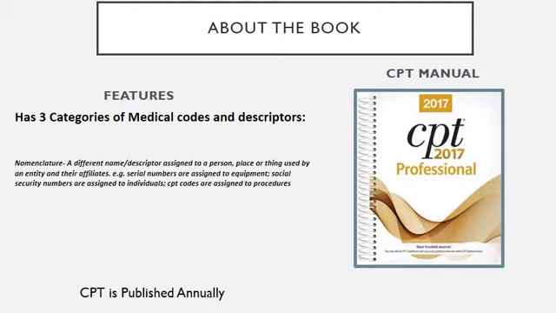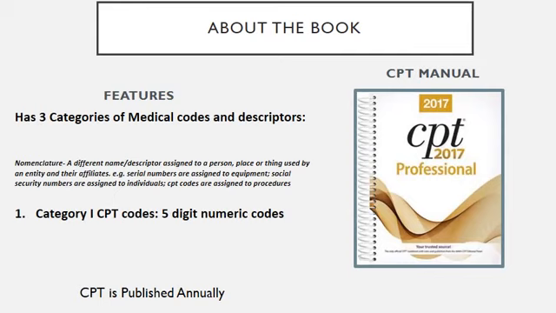Also, the features of this lovely manual are it has 3 categories of medical codes and descriptors, or nomenclature, however you choose to say it, as long as you know what you're saying, that's fine with me. Okay, nomenclature is a different name or descriptor assigned to a person, place, or thing used by an entity and their affiliates.